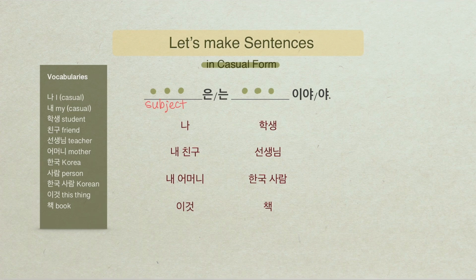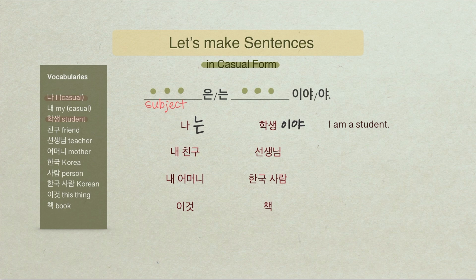So casual way I is 나. So 나 is a subject here. 나는 student. 학생. 학생 ends in consonant, so we have to use 이야. 나는 학생이야. I am a student. 나는 학생이야.